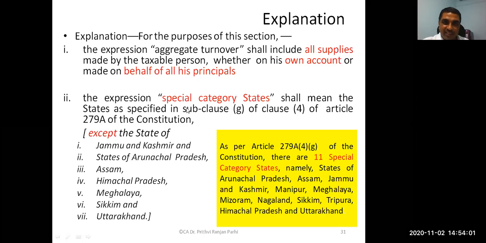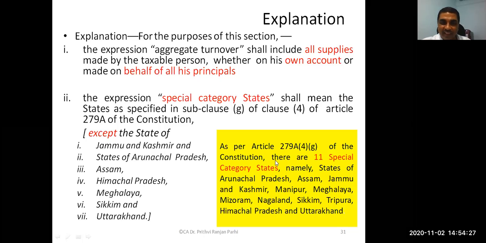But this explanation says the same thing, special category states as defined in the Constitution, except, which means these 7 states will not be regarded as special category states for the purpose of GST registration. Who are they? Jammu and Kashmir, Arunachal, Assam, Himachal Pradesh, Meghalaya, Sikkim, Uttarakhand.